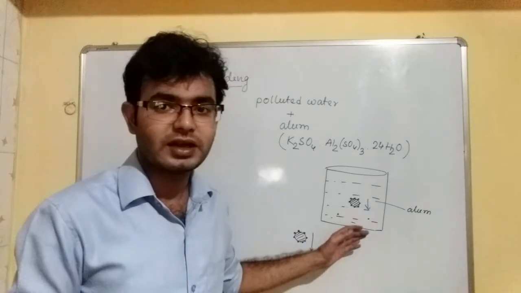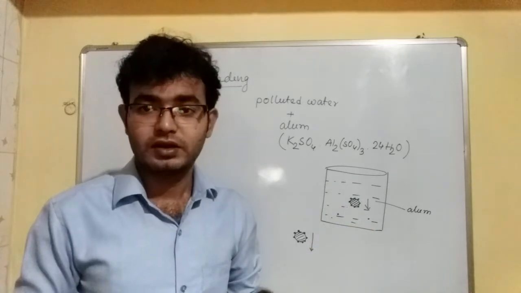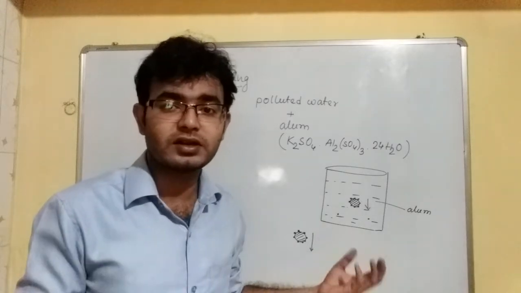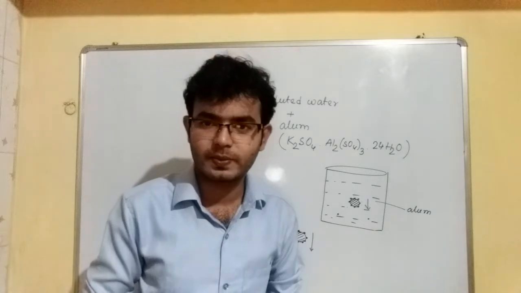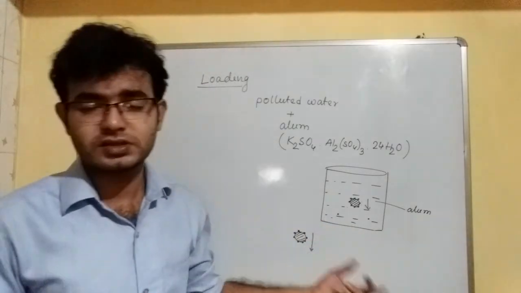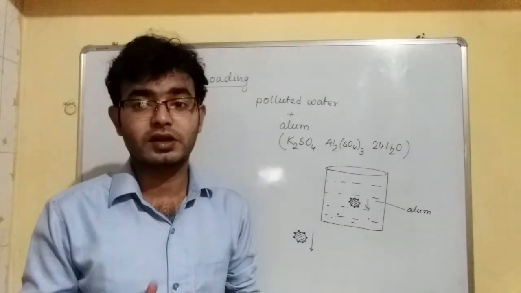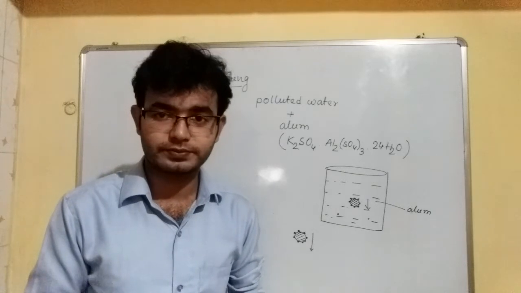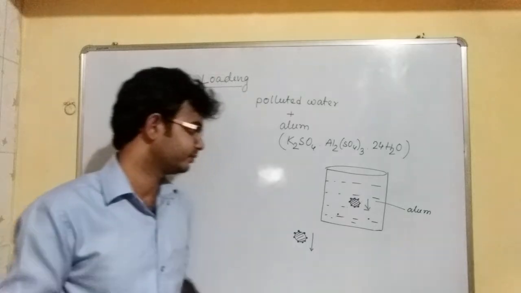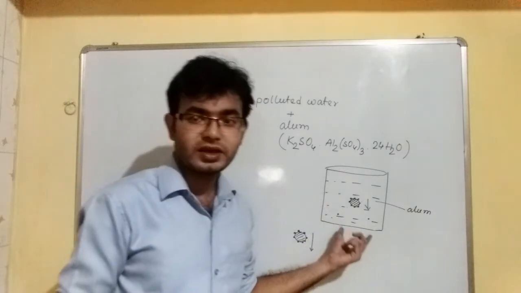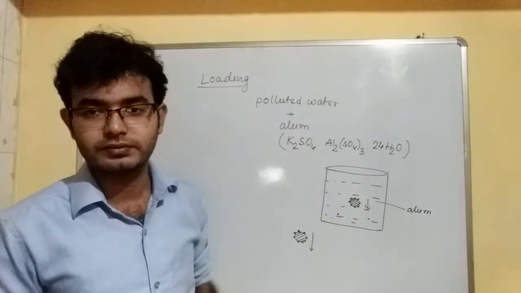After adding alum, after some time, if we filter the water, then the suspended impurities can be removed from the water. Remember, this process is mainly used to remove the suspended impurities. So this method is known as loading.